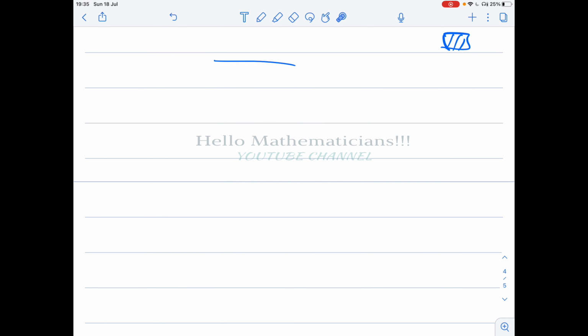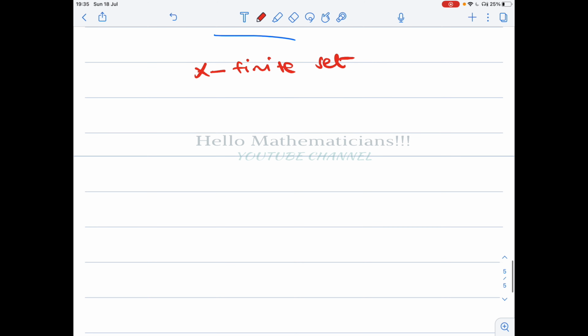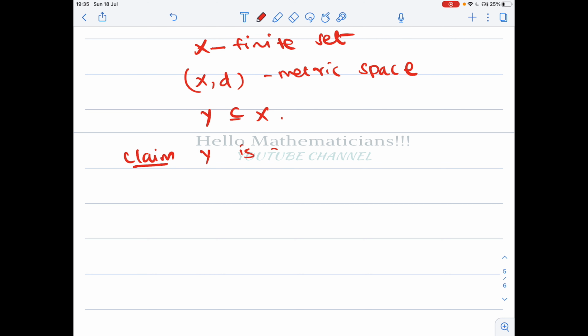So we take X to be a finite set, and (X, d) is a metric space, and you take Y a subset of X. We claim that Y is an open set. Basically we claim that all the subsets of X are open. This means that this metric is actually equivalent to the discrete metric.